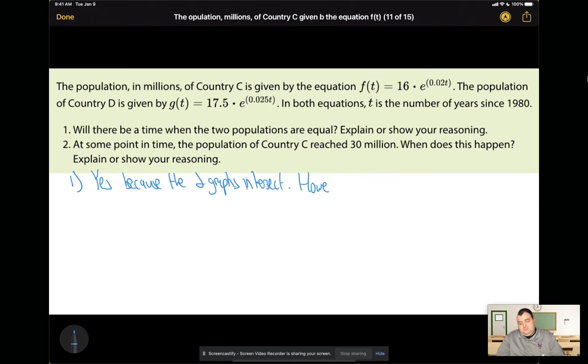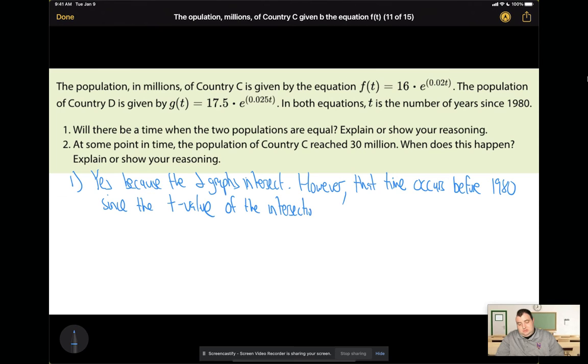However, that time occurs before 1980, since the t value, or in the case of the graph, the x value, since the t value of the intersection point is negative.